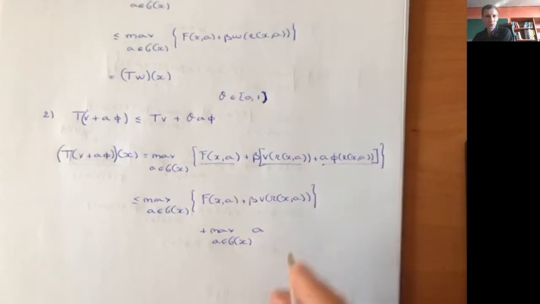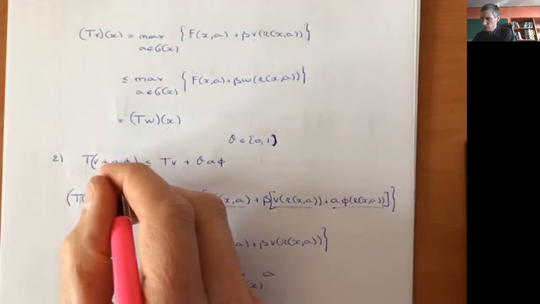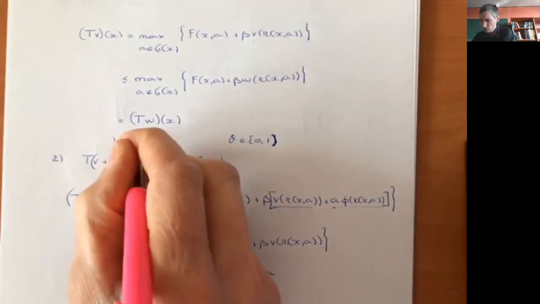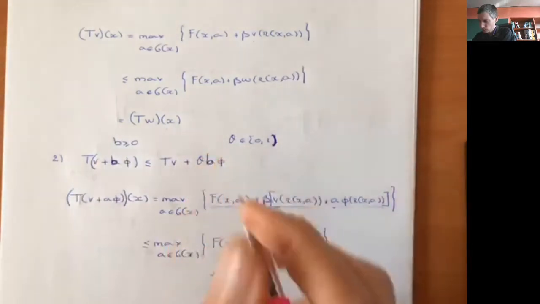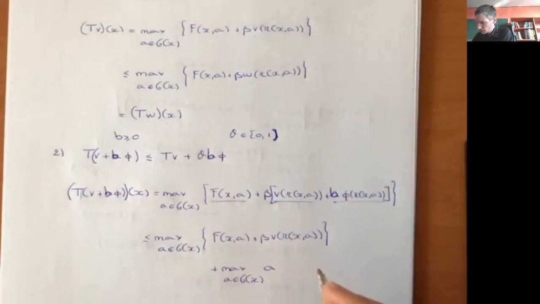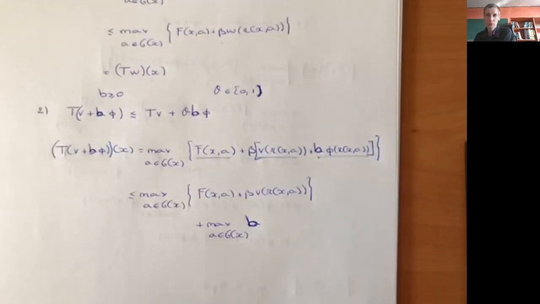I should not have used the same a, because I already have an a. So let me make this b, where b is greater or equal than 0. So this becomes b, this becomes b. Now I have here a b, in order not to confuse a with a.